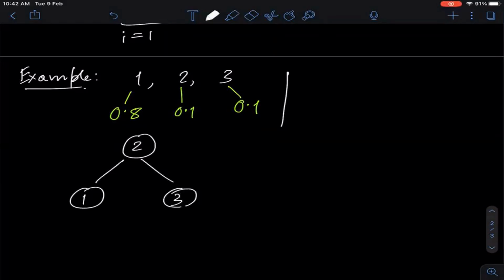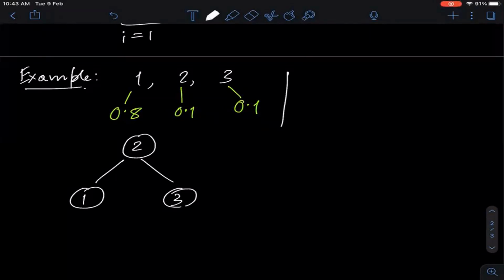Just to make sure that everyone understands the problem definition, what is going to be the average search time for the balanced tree here? This is just to make sure that you understand the definition of average search time. I assume that at the root you have an access time of 1, and then you add 1 for every level that you go down. So it's the usual search time, the height or depth of the node.